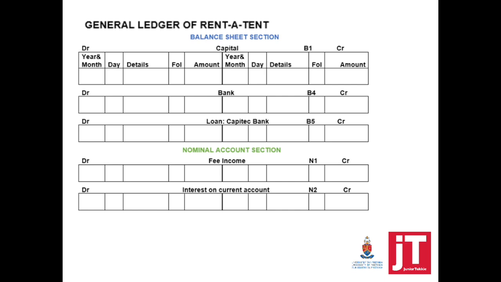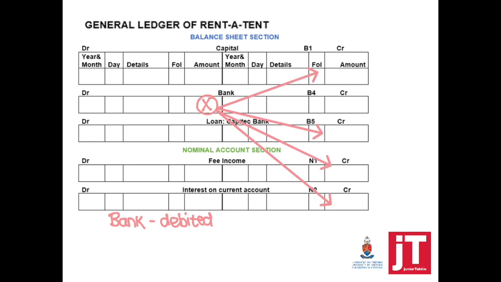What you also can study from the cash receipts journal, your bank will always be debited. If the business receives money, bank is debited, which means that the rest is going to be credited. So everything else, if I add all of that up on the credit side, it should equal the total of your bank.